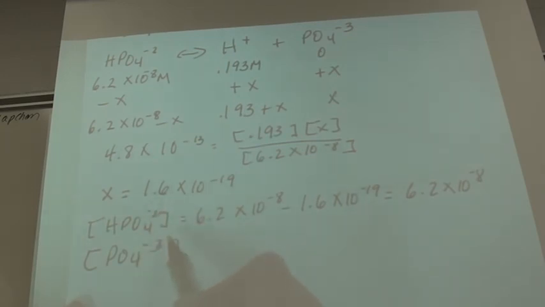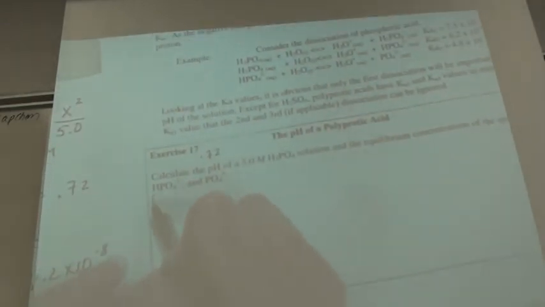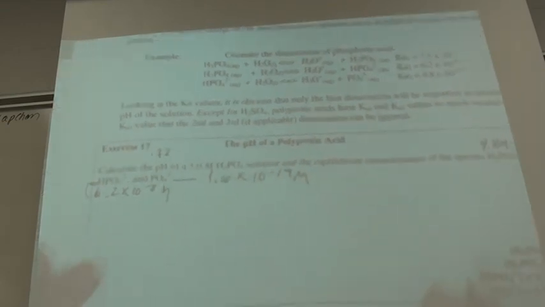If you don't put charges on ions where they belong, everything is wrong. The PO4 minus 3 is equal to x, which is 1.6 times 10 to the negative 19th molar. That is the end of this problem. That is a mega problem, is it not? So, yeah, this is 6.2 times 10 to the negative 8 molar. And this is 1.6 times 10 to the negative 19th molar.